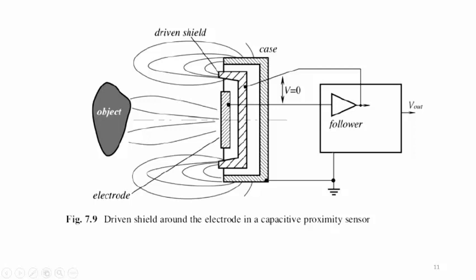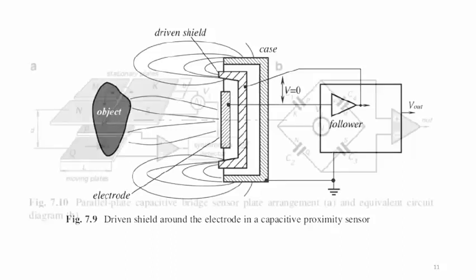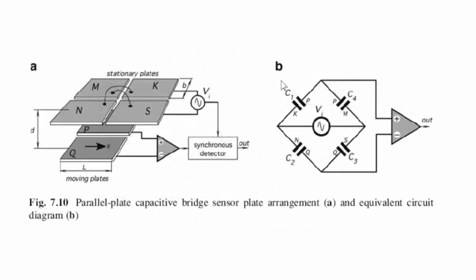Due to this, accuracy and sensitivity of this kind of sensor can be achieved. This block is the driver circuitry, from which we get the output voltage. Depending on the distance between the electrode and the object or target, we get a change in the output voltage from the circuitry.